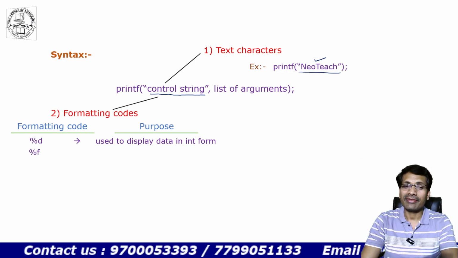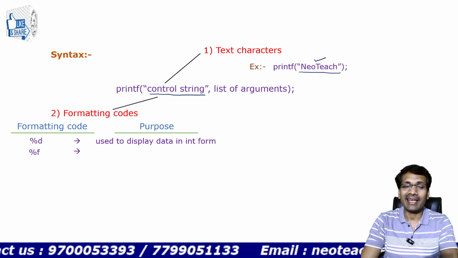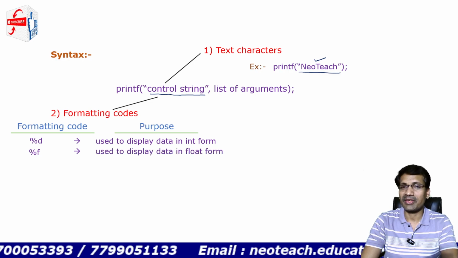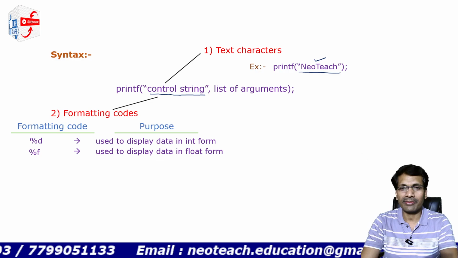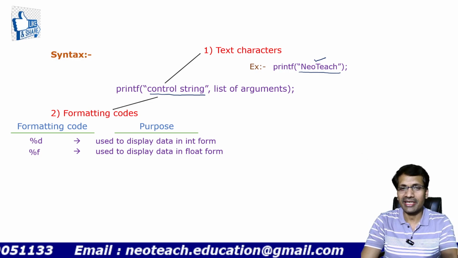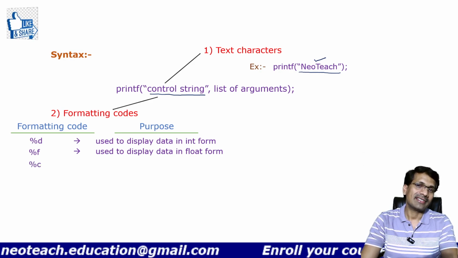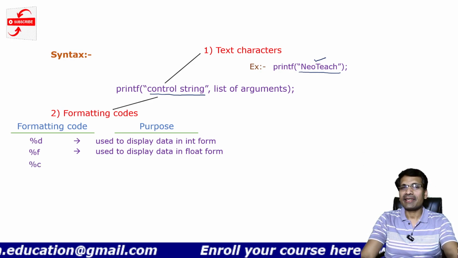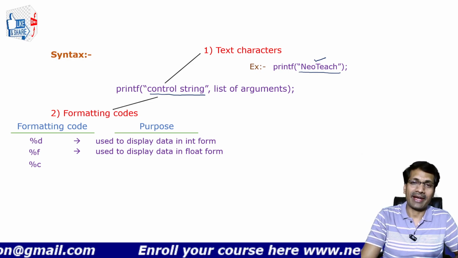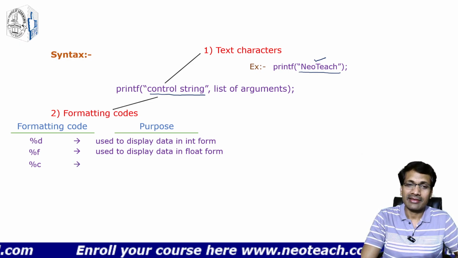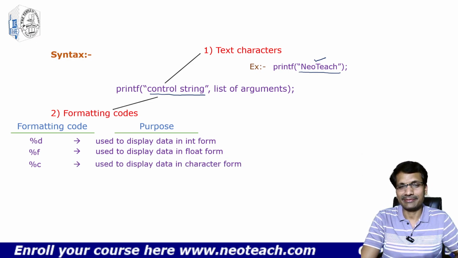And %f is used to display data in floating point form, like 3.14, 5.6, such decimal point values. Then %c displays data in character format. If you want to display a character, then you go for %c.